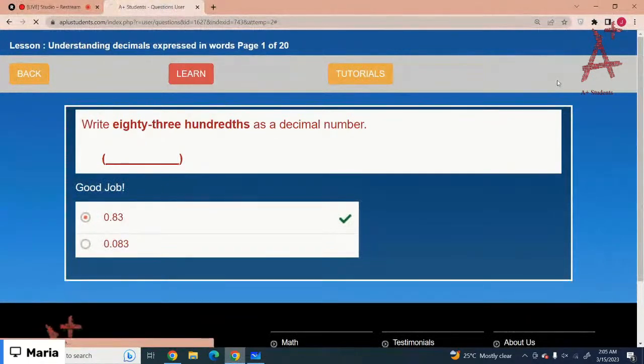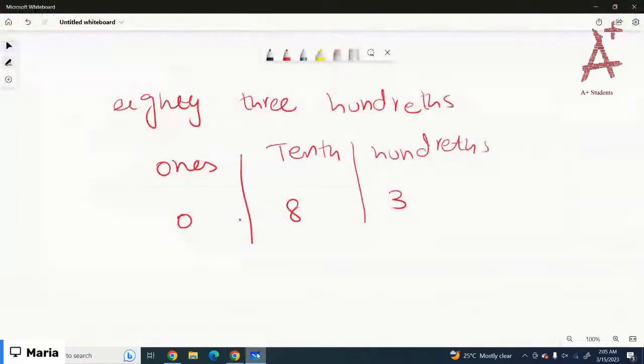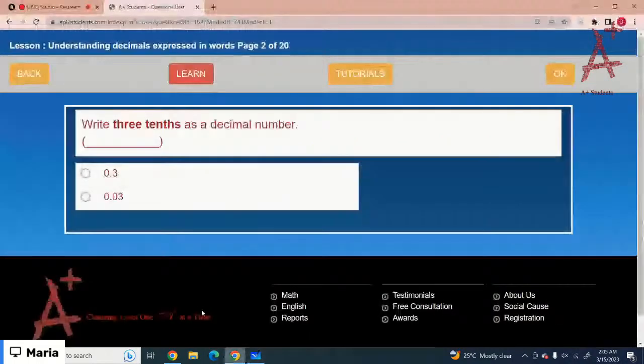Okay, the next one is 3/10. The digit goes right at the tenths position, so it would be 0.3. Got it? So the correct option is 0.3.